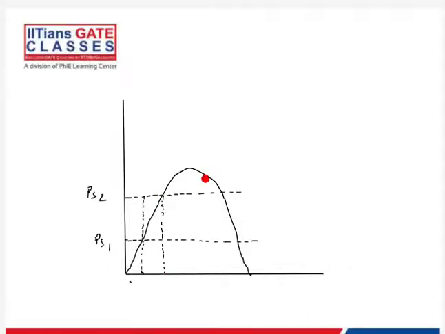Suppose it swings up to this point now. This is A, this point is B, and this point is C. This area is A1, this area is A2. The condition where omega equals omega s, or the point where the deceleration becomes zero, is achieved in the first swing in such a way that A1 is less than A2. Then it is stable.